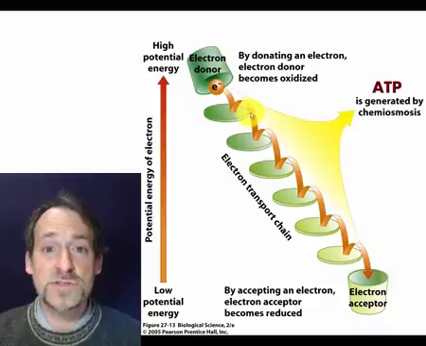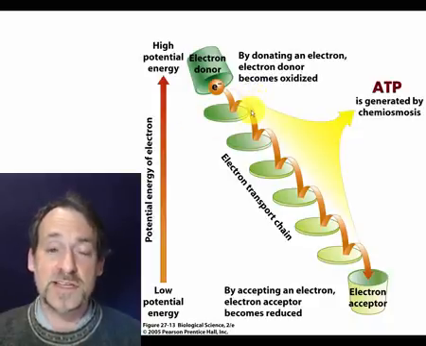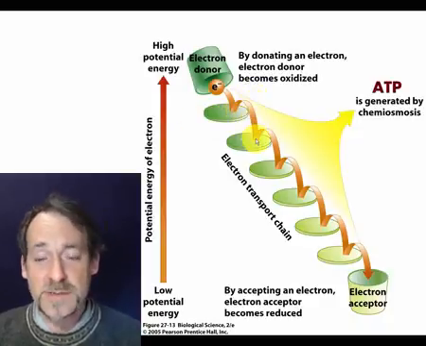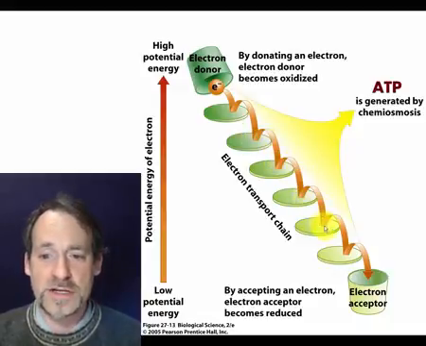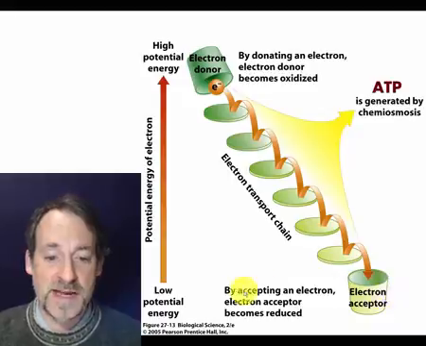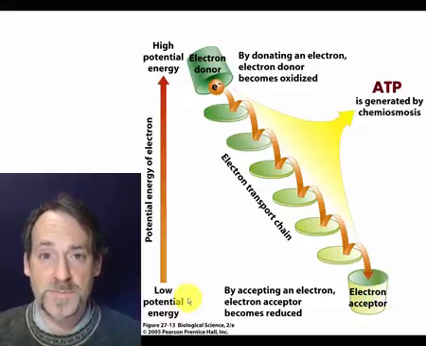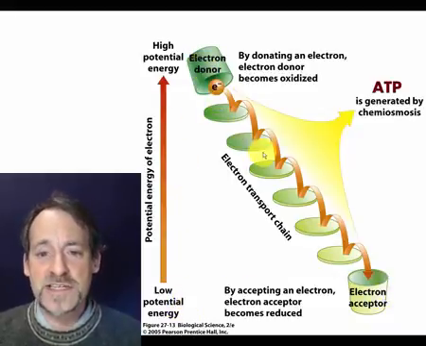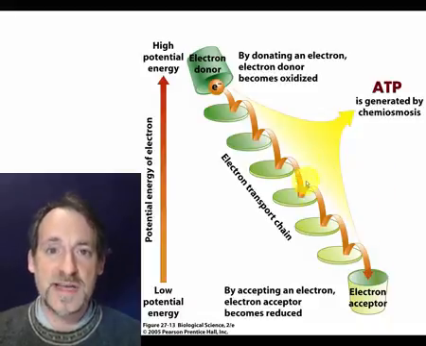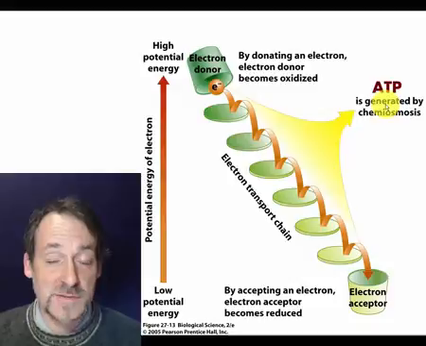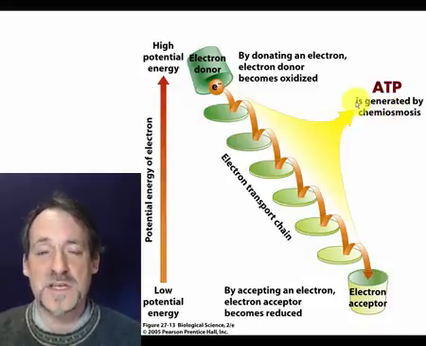They're passed to some chemical compound that has slightly lower potential energy. It passes those electrons on and so on until you reach some electron acceptor way down here at the bottom that has much less potential energy. As the potential energy is released during this process, it ends up being stored in ATP, which can then be used to keep a cell running.